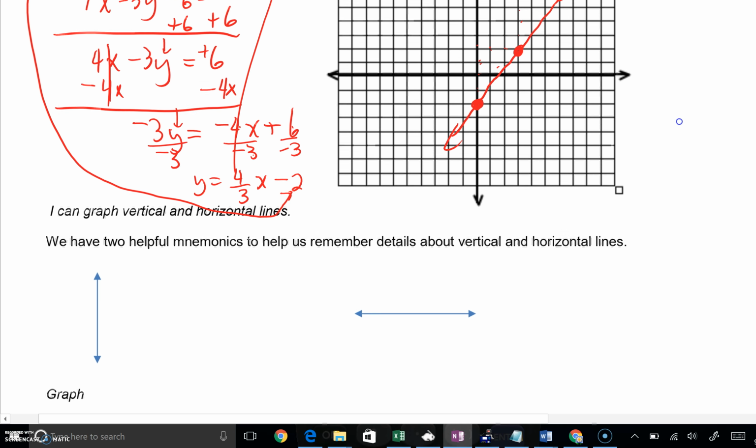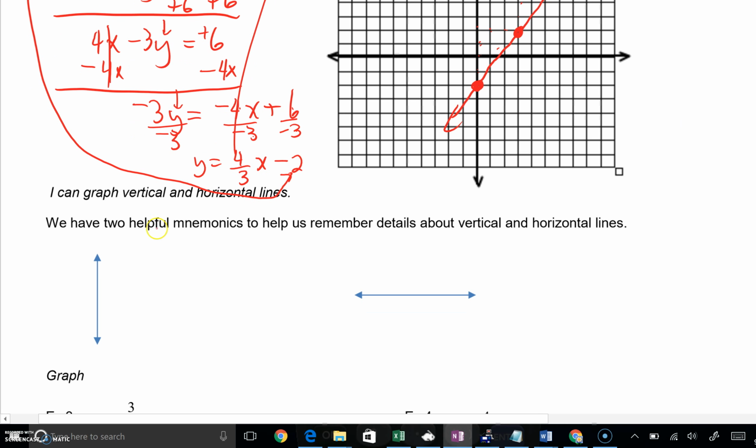Wrapping up our lesson. I can graph vertical and horizontal lines. That's our last learning target. We have 2 helpful mnemonics, memory devices, to help us remember details about vertical and horizontal lines. This is a vertical line right here. We have this made-up word of Vux.